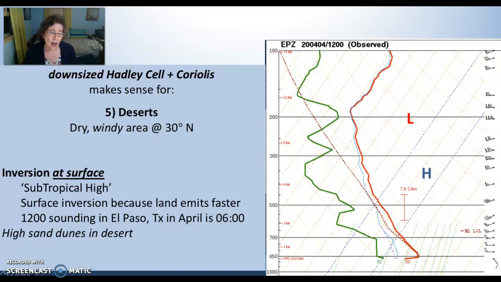So the 3-cell model and the revised downsized Hadley cell explained all of these phenomena that people were finding as they traversed into Africa and into South America and into the United States in the 1800s.